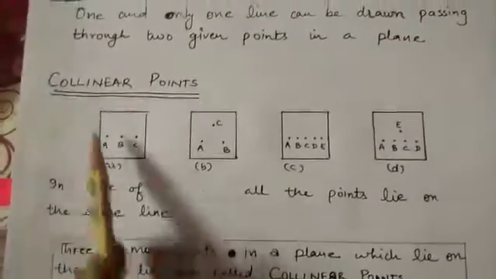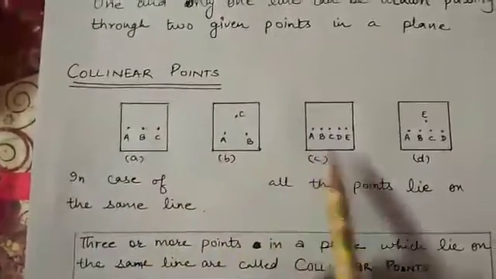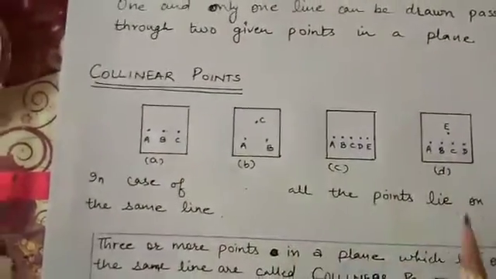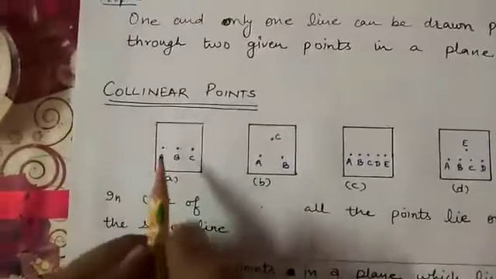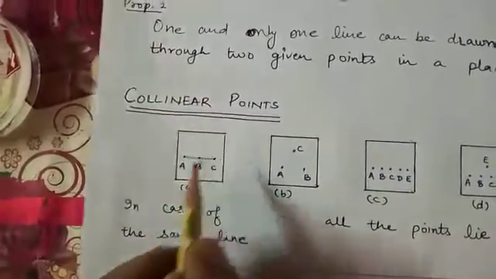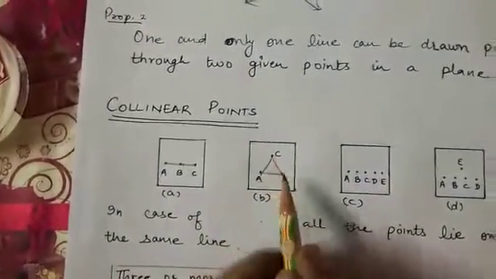Next comes collinear points. I have drawn 4 boxes here and some points in these boxes. Let us try to join these points. Done. Here, like this, next, and here.